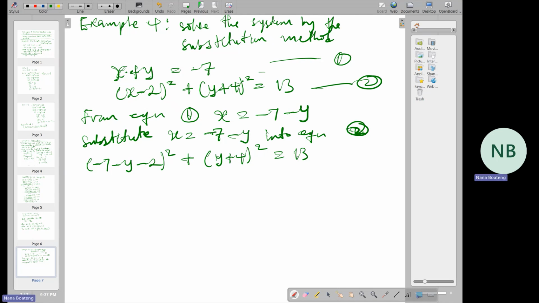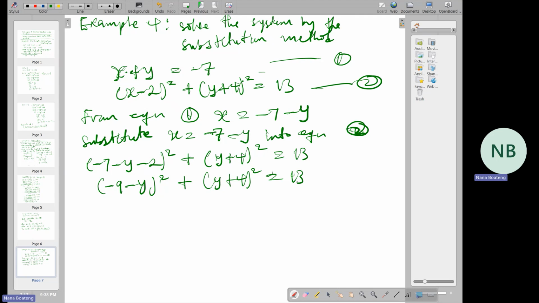Okay, so this negative 7 minus 2 is negative 9. So we have negative 9 minus y squared plus y plus 4 squared is equal to 13.